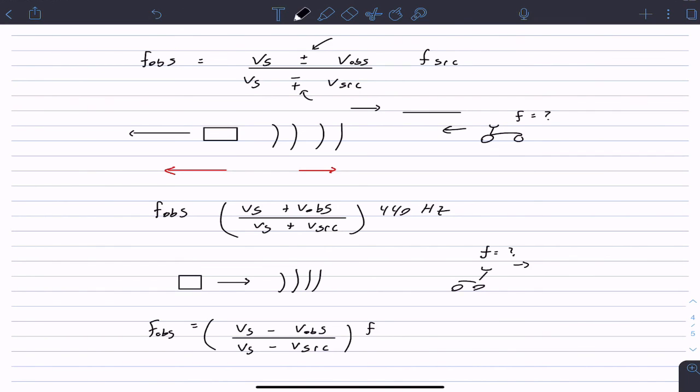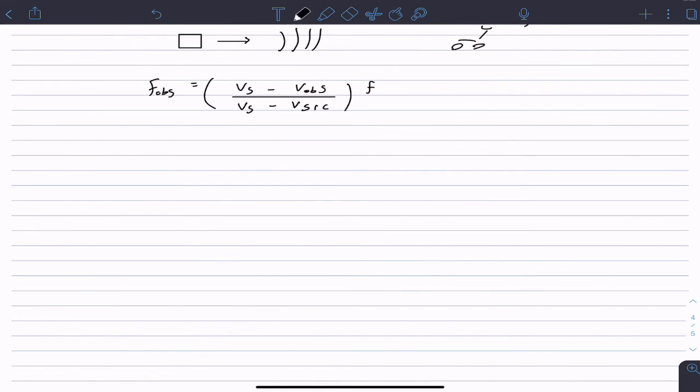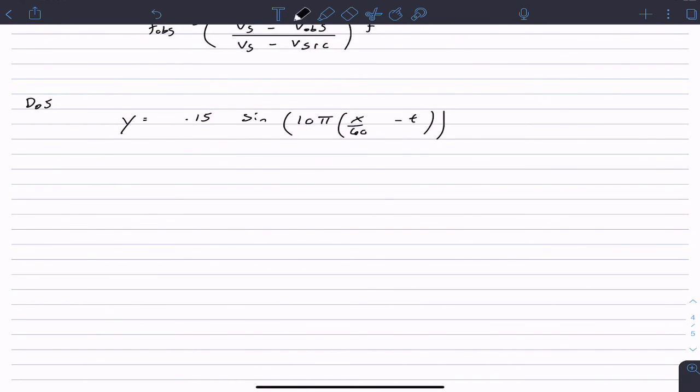Okay, the next problem. A wave is moving on a string, and the equation is given here, 0.15. And we're asked to find the wavelength. Well, let's recall that our general form is equal to amplitude sine kx minus omega t.